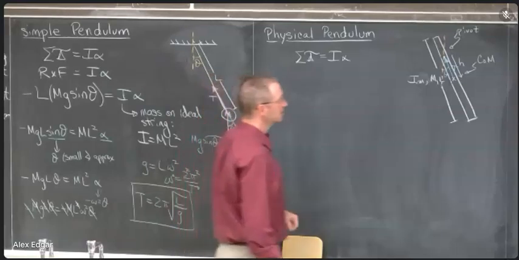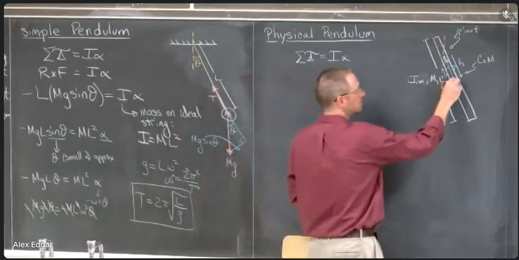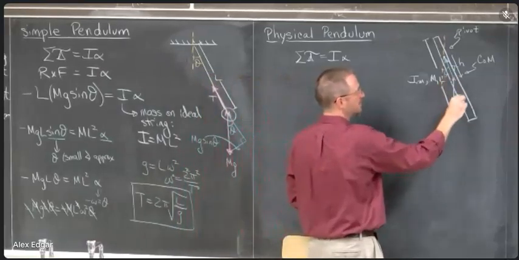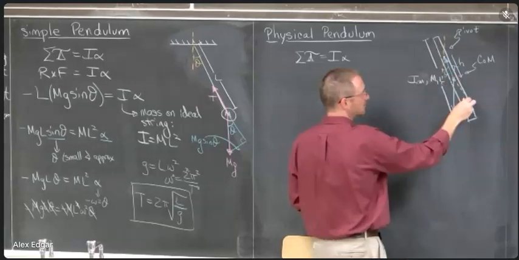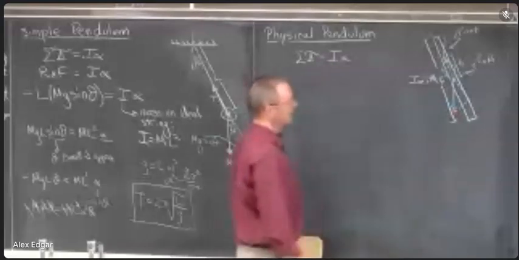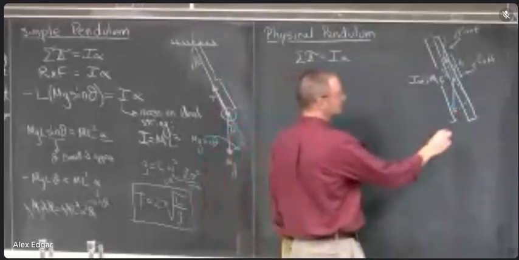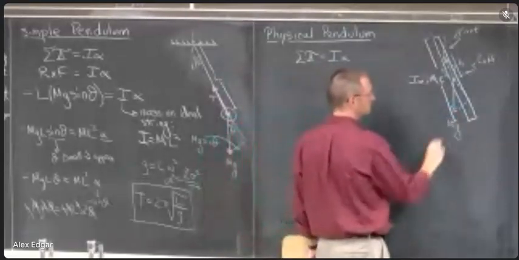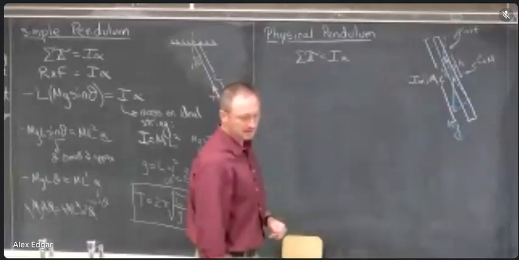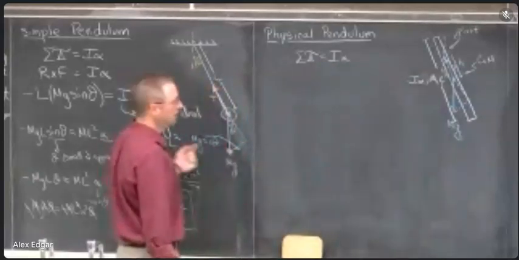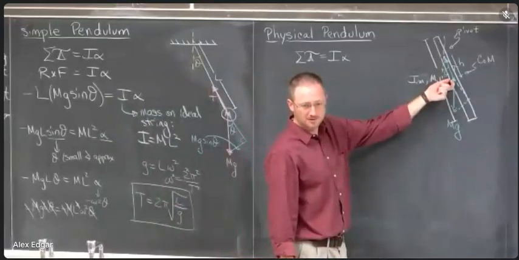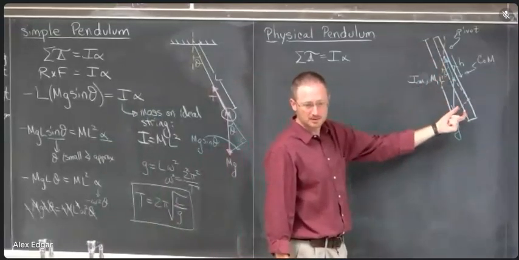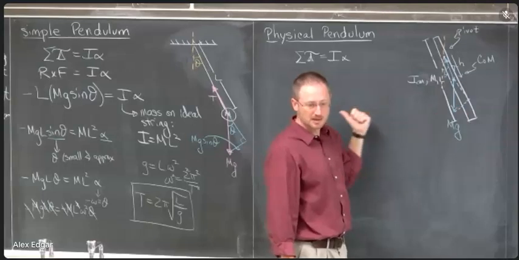The weight, also we can pretend that it acts at the center of mass. And it points straight down. And just like we did last time, this is the same diagram. All we've had to do is shift it to the center of mass of the extended object that we're looking at, and it's not in the middle of the pendulum bob.